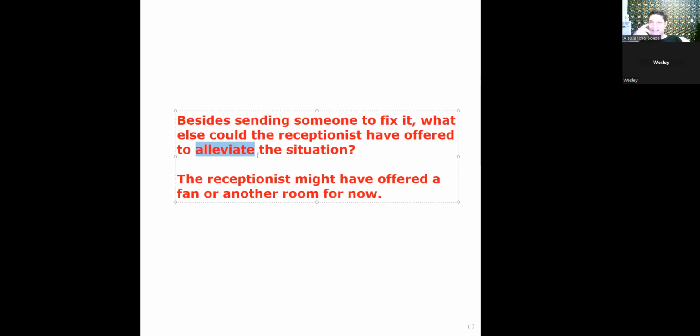Lembra, às vezes é meio repetitivo falar, mas nunca é demais, porque a gente precisa gravar isso. Fique atento ao verbo e que tipo de substantivo ele está associado. Por exemplo, um verbo que casa com a palavra situation é alleviate.